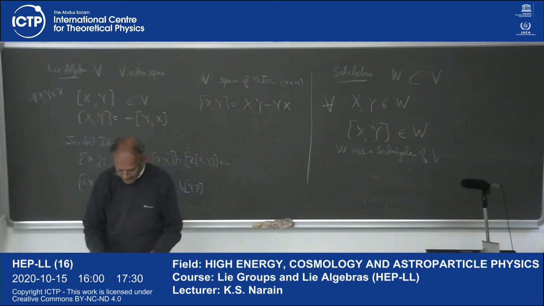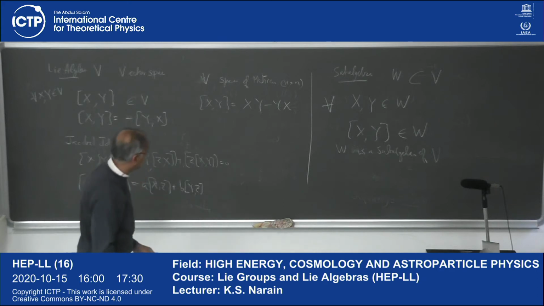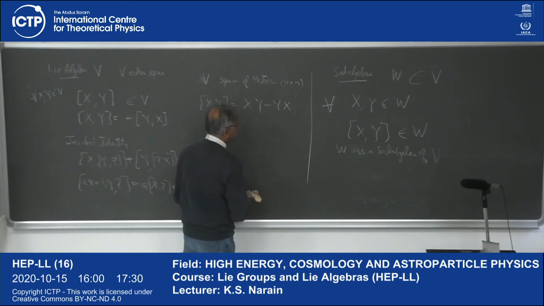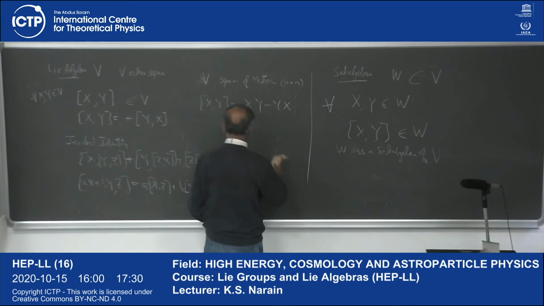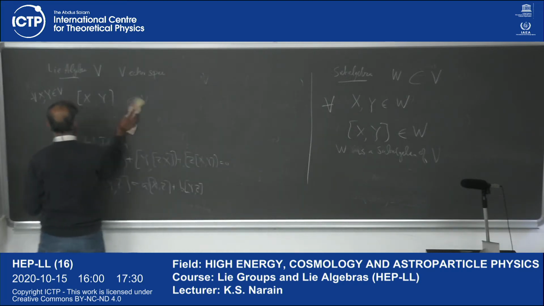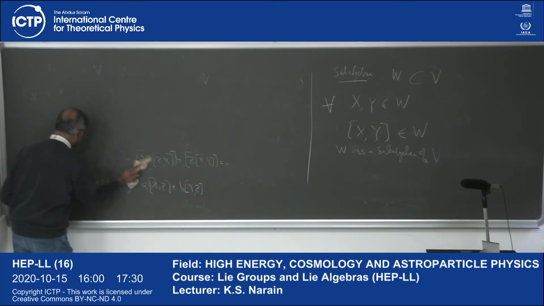But now there is something special, and this is important. There are some special subalgebras which are called invariant subalgebras, and these play an important role in the classification of all the Lie algebras. That's why I'm mentioning this.